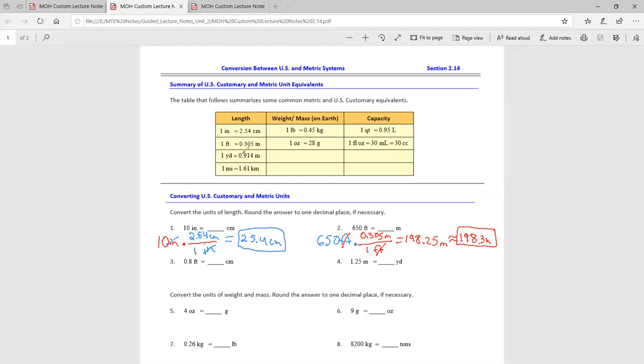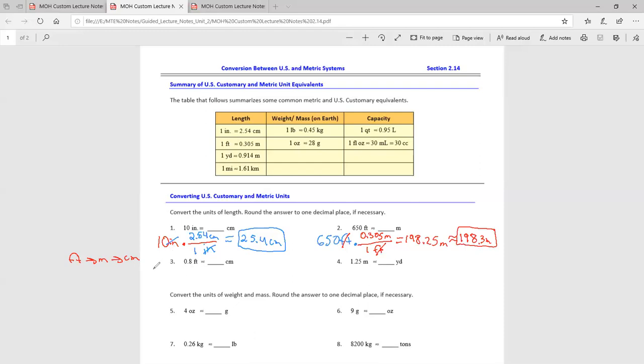Yards to meters, nope. Miles to kilometers, nope. We have to have something with feet. The only thing with feet is the second one. So we have to use the second one, but that converts to meters. So we're going to need a middleman, because then we're going to have to go from meters to centimeters. So we're going to go from feet to meters to centimeters.